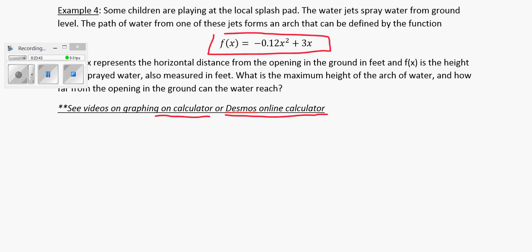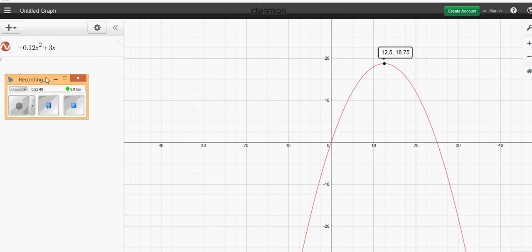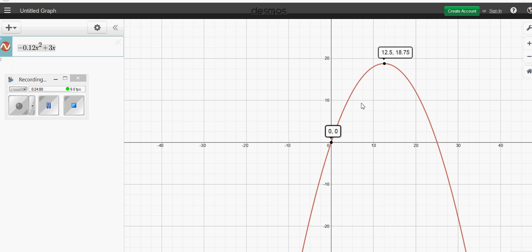So if we open the Desmos online graphing calculator and we type in our equation here, then our graph produced is this. So I'm going to draw your attention to a few points here, and that's (0, 0). And then we have our maximum, and we have our other coordinate.